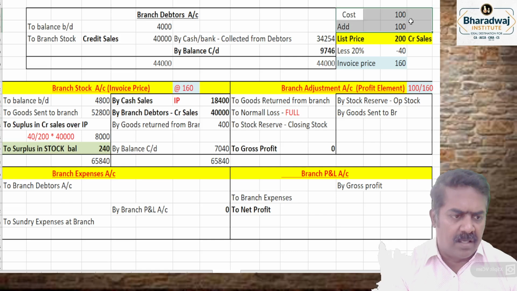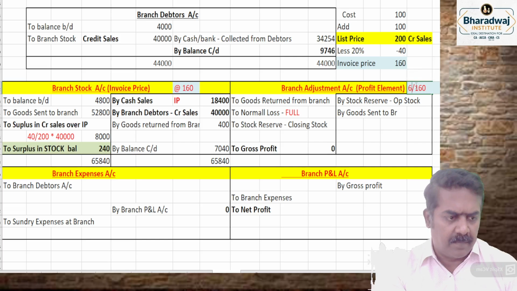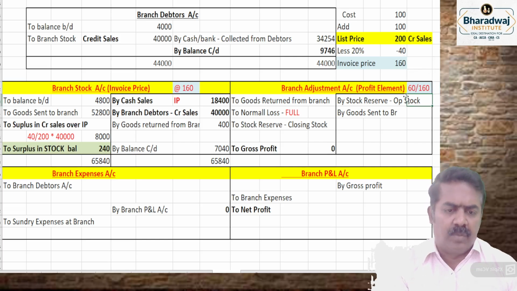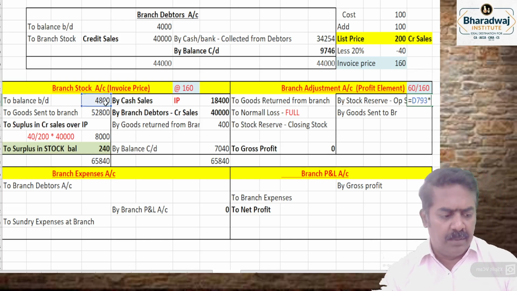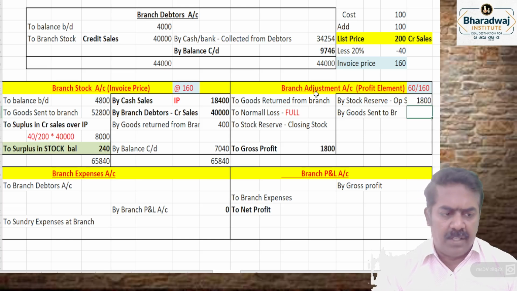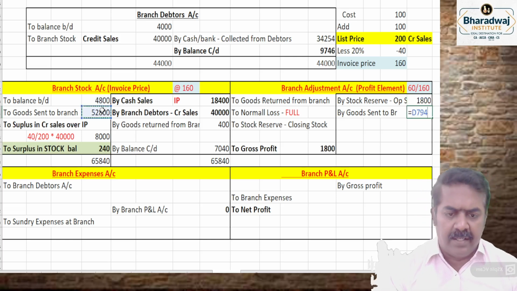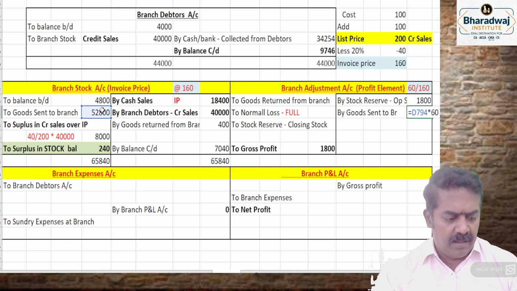If cost is 100, invoice price is how much? 160. So, profit element you will remove by putting 60 by 160. So, opening stock, 4,800 into 60 by 160. Goods sent to branch, 52,800 into 60 by 160.